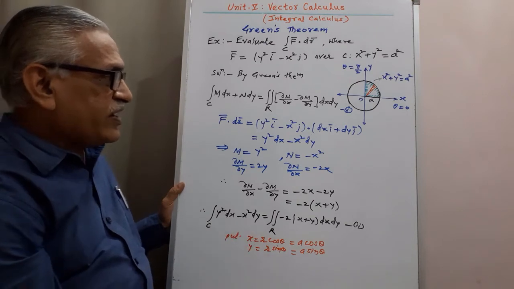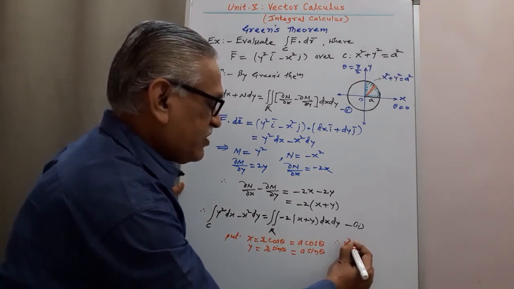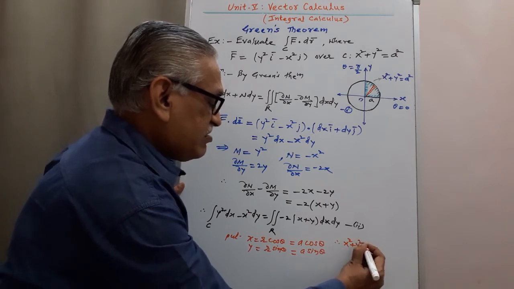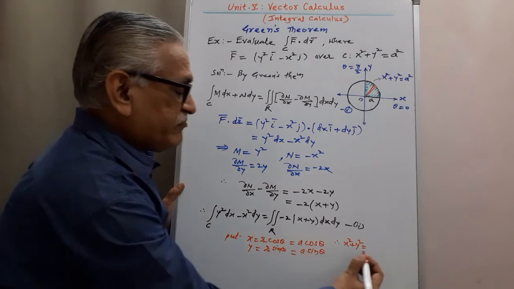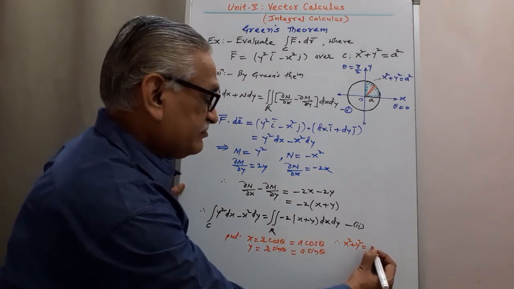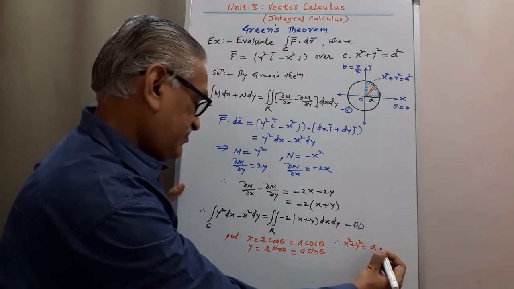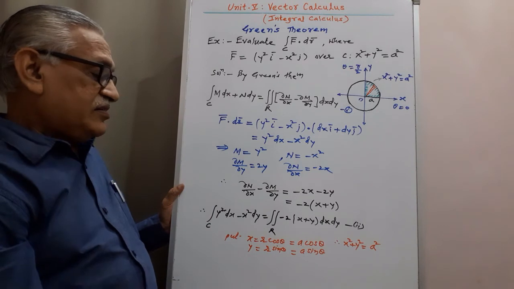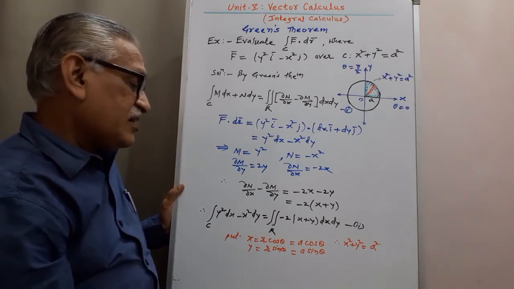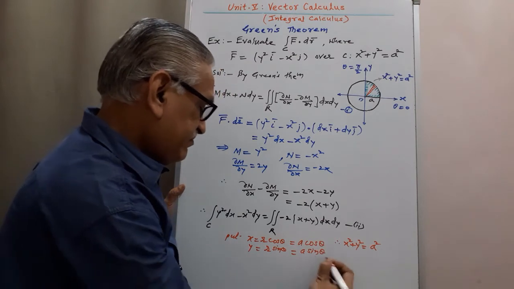Squaring and adding this, we get x square plus y square is equal to a square cos square plus a square sin square, and x square plus y square is nothing but r square.